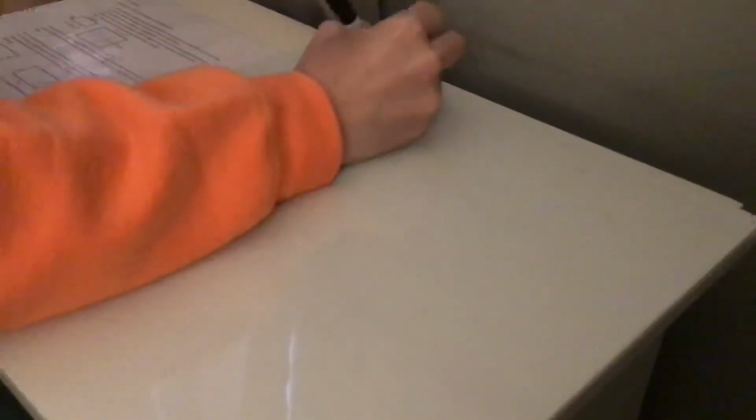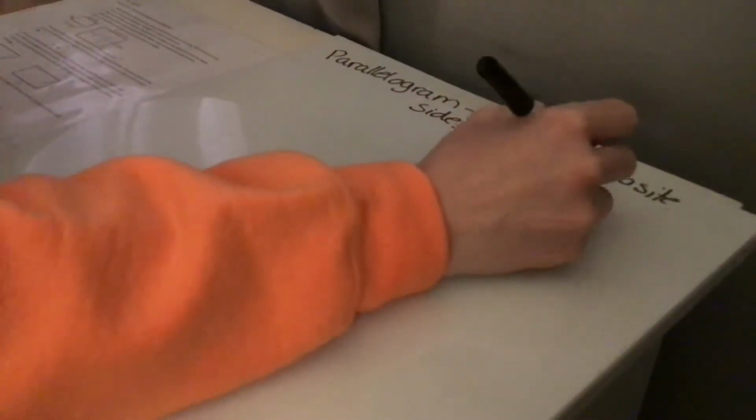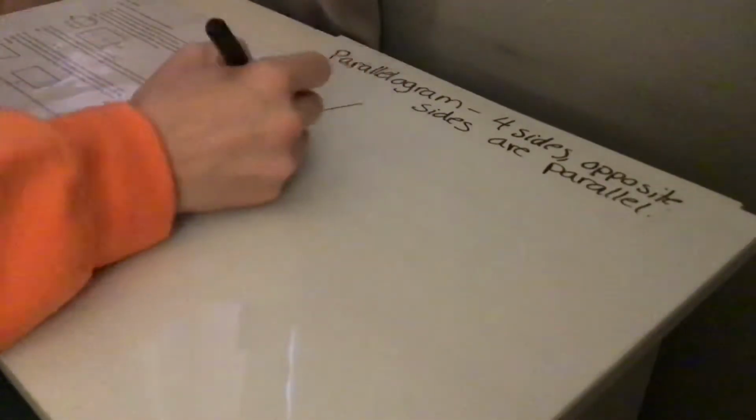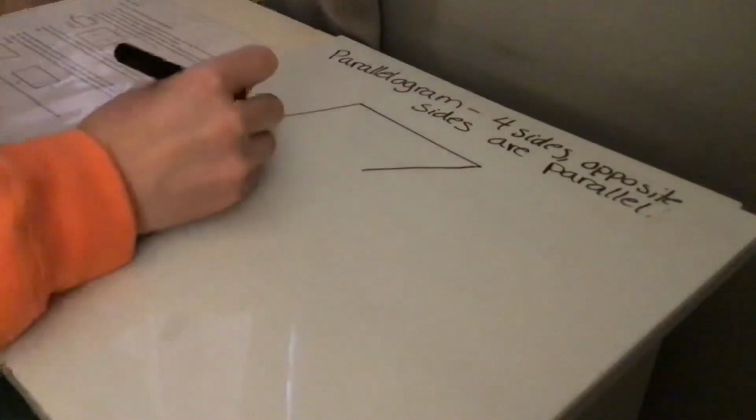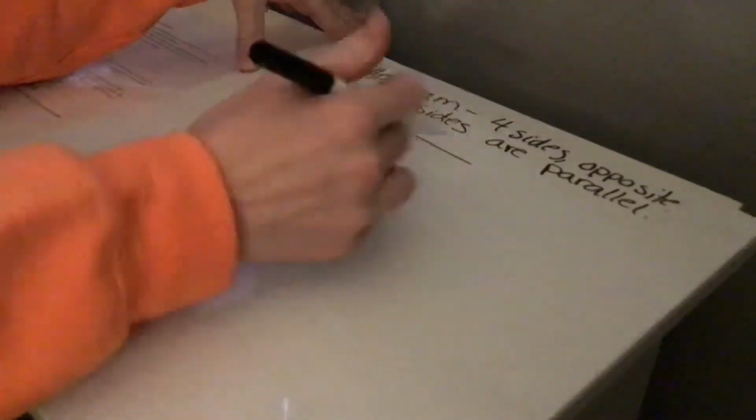Okay, so we would say that it has 4 sides and opposite sides are parallel. Okay, so it looks kind of like this, right? So these two sides are parallel and these two sides are parallel.